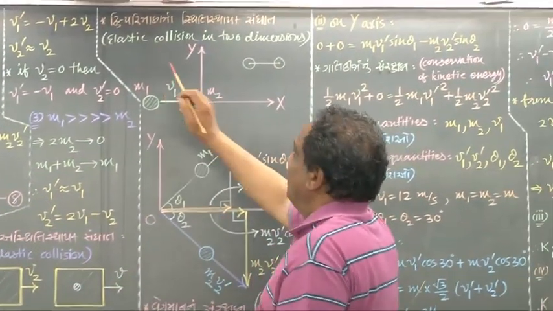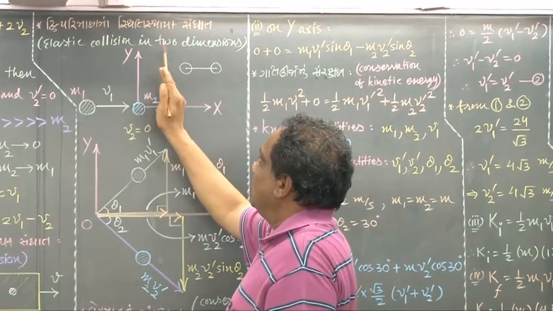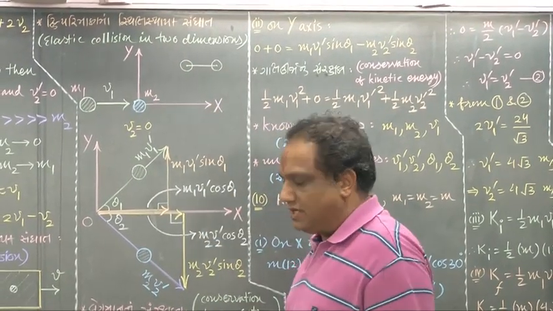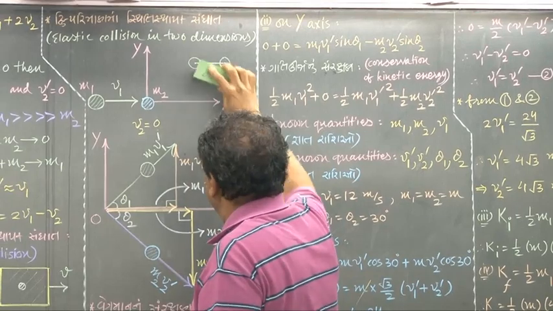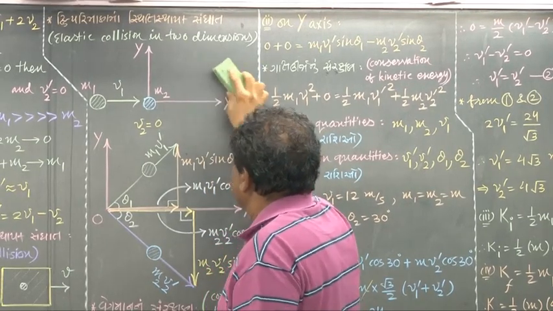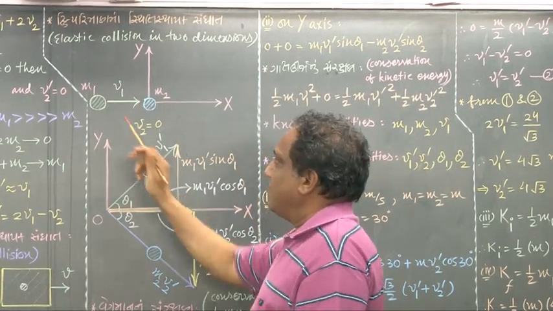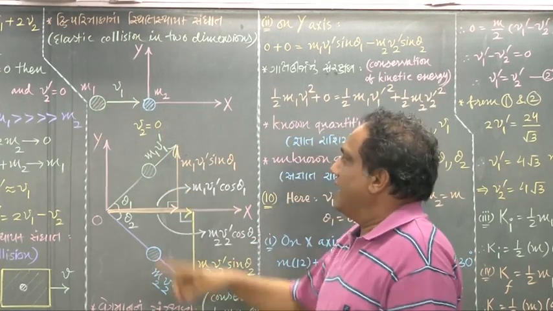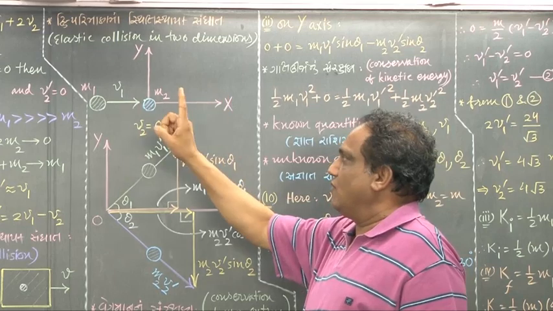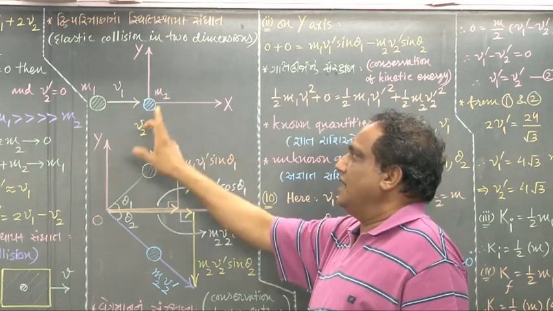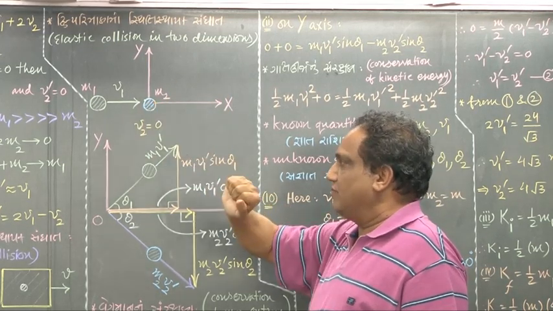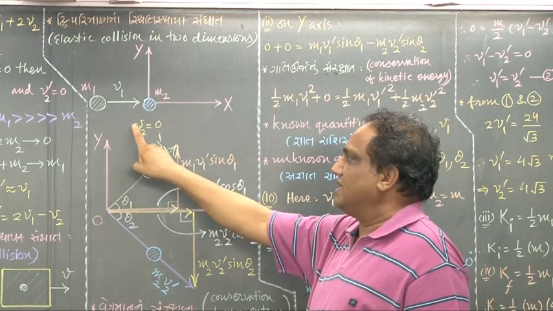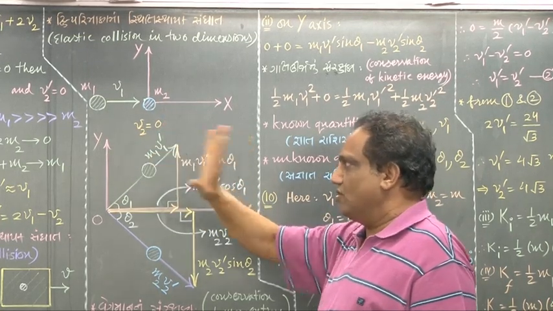Let's go for elastic collision in two dimensions. Suppose one body with mass m1 is moving with velocity v1 along the positive x-axis, and another body with mass m2 is lying at rest at the origin of the coordinate system. Because it is at rest, the velocity of the second body is initially 0.